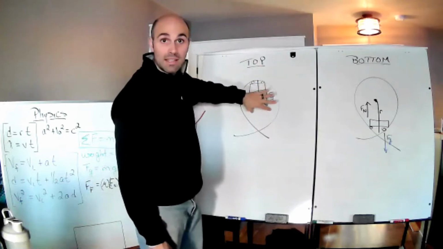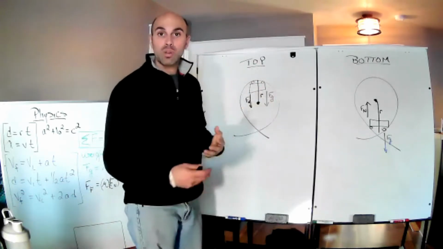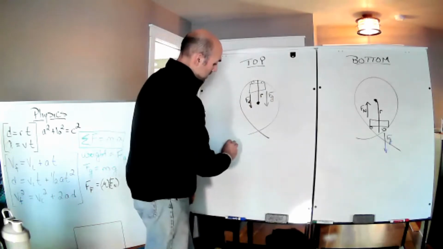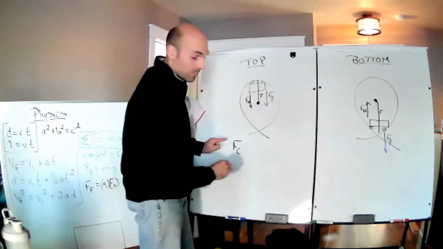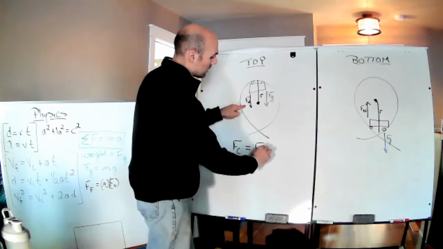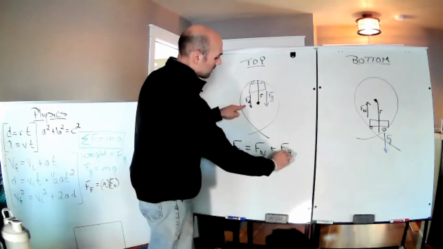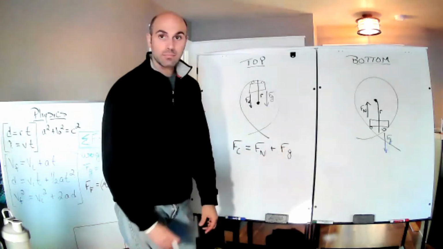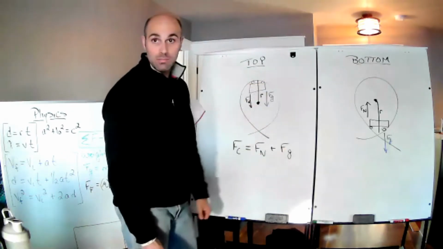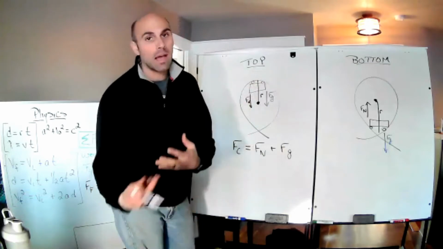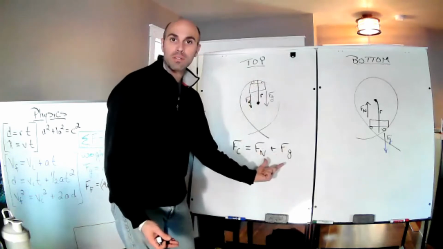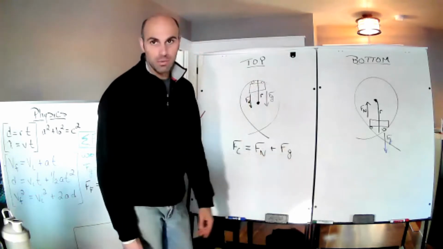So these two together make up the centripetal force. So F of C equals both the F of N plus the F of G. And I am adding them both together because they're going in the same direction. I know they're both going down, and down is usually indicated by a negative, but if they were both negative, there's no difference. Both negative, both positive, it's the same result.